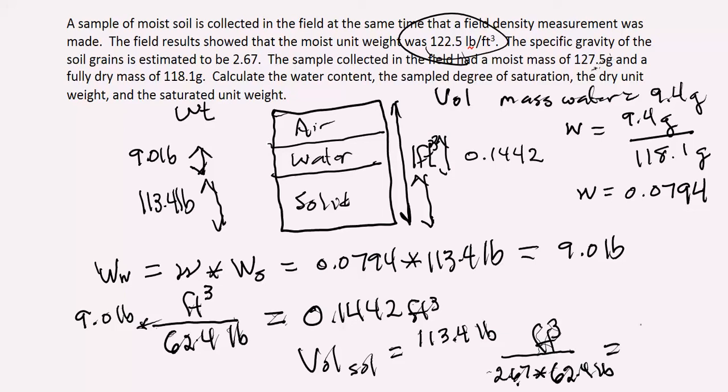When I divided 113.4 by the product of 2.67 times 62.4, I got 0.6806 cubic feet. And I enter that up here.